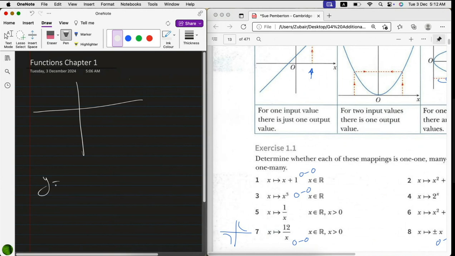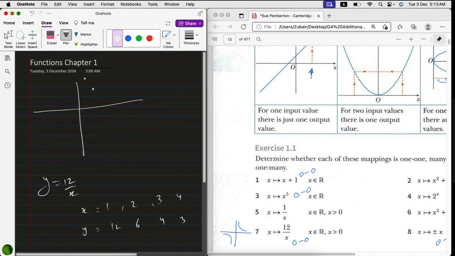Say y equals 12 over x. Now let me have some values of x and the resulting values of y. Let me say this is 1, then 2, then 3, then 4. So 12 by 1 is 12, 12 by 2 is 6, 12 by 3 is 4, 12 by 4 is 3.